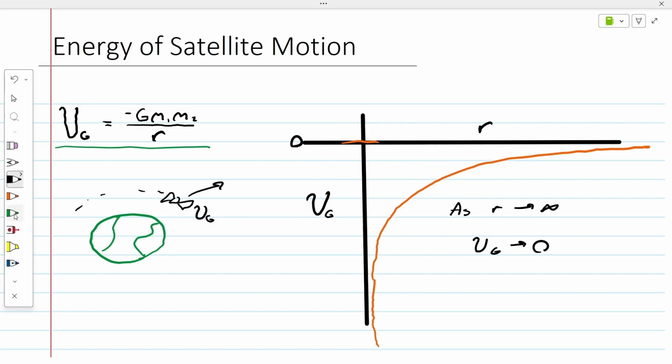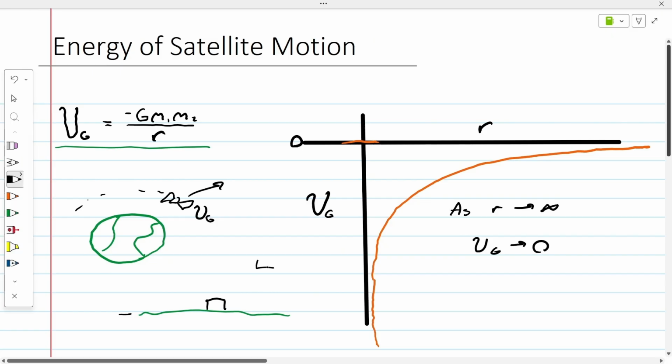Rather than when we thought about potential energy with something on the ground, where we usually took our reference to be zero right here, our reference in this case is infinitely far away from the planet. And since we took our reference to be zero on the ground, as it got farther away from the ground, it actually had more potential energy.